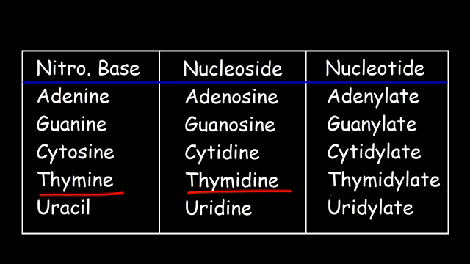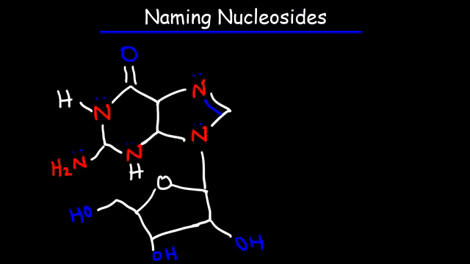And instead of thymidylate, it becomes deoxythymidylate in DNA. My pronunciation of these names may not be the best, so don't quote me on that. You can look it up yourself, but these are the names that correspond to the nitrogenous base, the nucleosides, and the nucleotides.